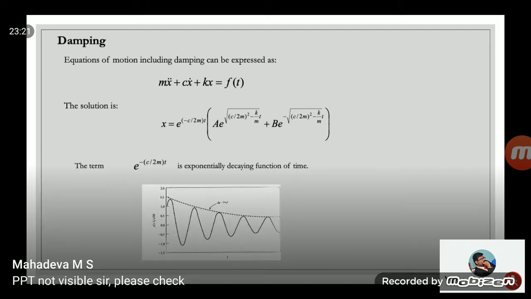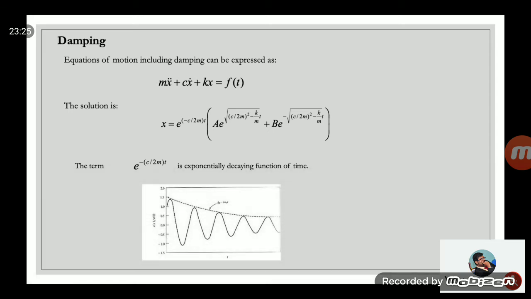The vibration will reduce to zero, or to whatever low level is acceptable to you. This is the exponentially decaying term, and combined with the other constant terms, it will define the amplitude.